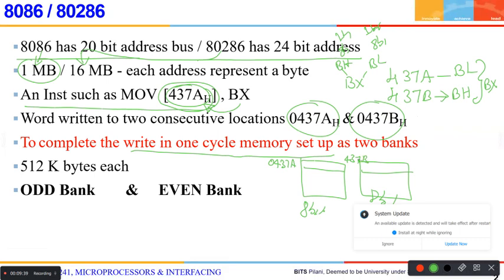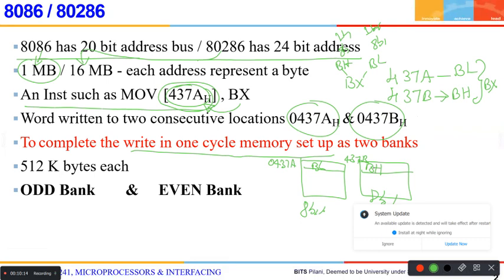So when the microprocessor wants to write to the memory, the memory is designed in such a way that 437A will be available in this memory device, and 437B will be available in this memory device. So it will store BL here and it will store BH here. Have you understood now? Have you got a little bit of an idea how 8086 reads and writes data?